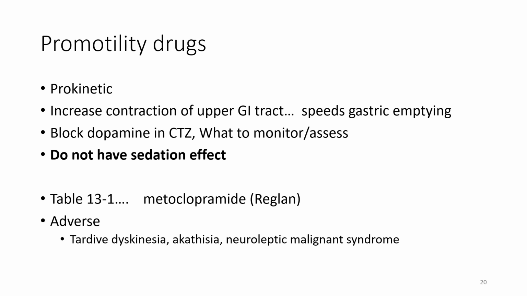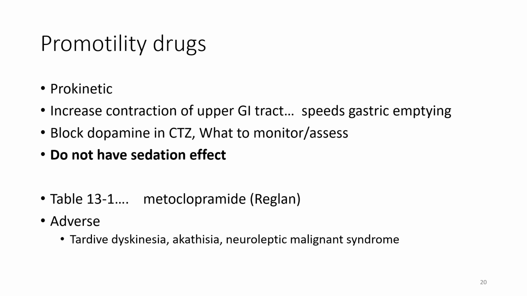Okay, so pro-motility drugs actually work by blocking dopamine, again in that chemoreceptor trigger zone. Okay, now they work very similar to the phenothiazines, but they do not have the sedating effects like the phenothiazines do. Okay, so pro-motility drugs are typically used for postoperative nausea, vomiting, chemotherapy-induced nausea and vomiting.